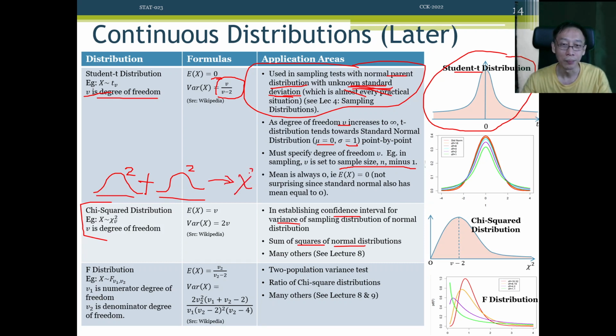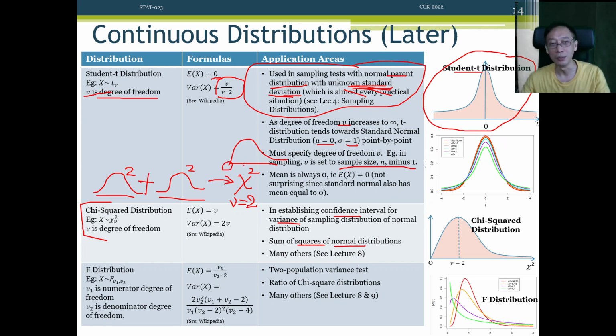Can we do that? Okay. So if you have this, then the degree of freedom is 2, because there are 2 curves that we use in arriving at the chi-square. All right, so if you add them together, you will get chi-square. Chi-square will look rather strange, not like a bell curve at all.